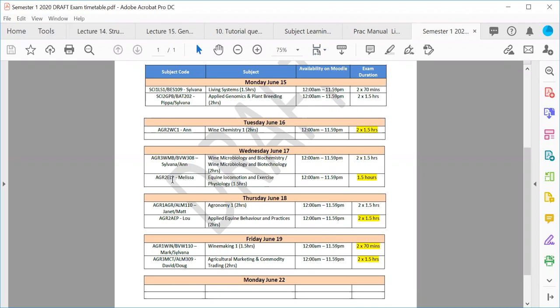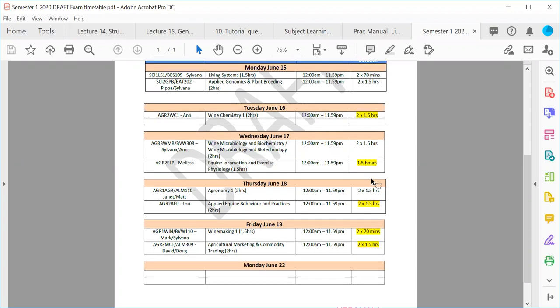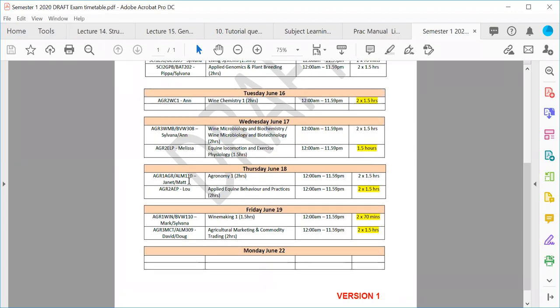This one, equine locomotion exercise fees, I just need to confirm whether that's going to be a split exam or not. That one's confirmed, this one's confirmed, that one's confirmed. And I'm just waiting on confirmation for ag marketing and commodity trading, which I don't think anyone here is doing.